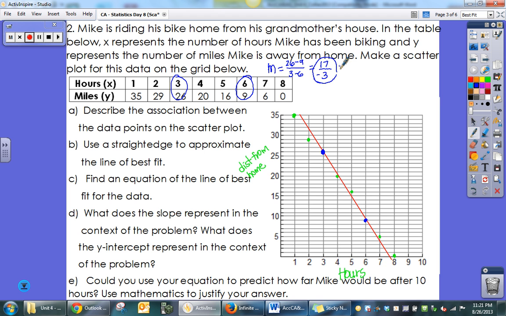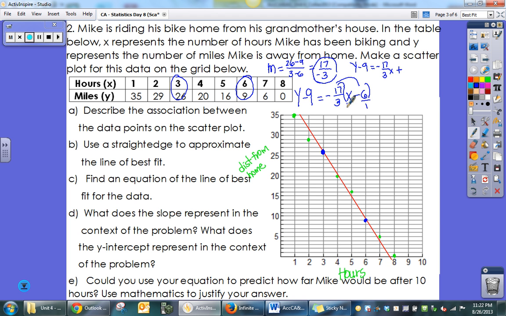Alright, and then I'm going to choose a point to use, let's just use 6 and 9 for the sake of having smaller numbers. But I've got y minus y1, so y minus 9 equals slope times x minus x1. Alright, and I'm distributing, so I end up with y minus 9 equals negative 17 over 3x plus, because when I multiply two negatives they become positive, and on the top I've got 17 times 6, and on the bottom I've just got 3 times 1.